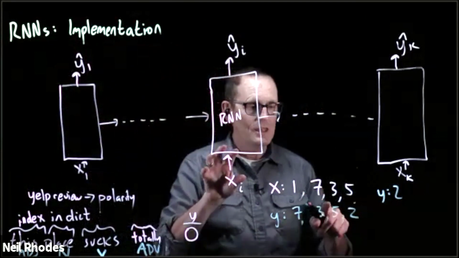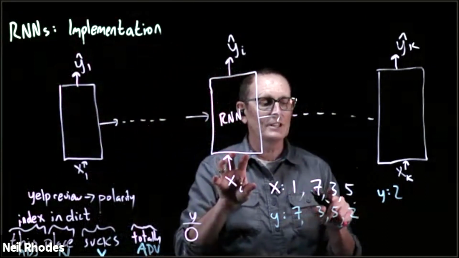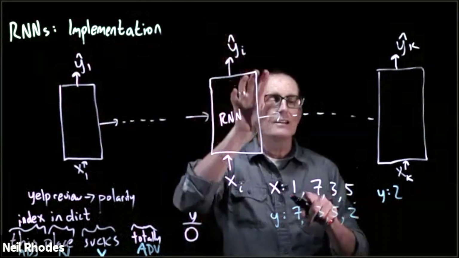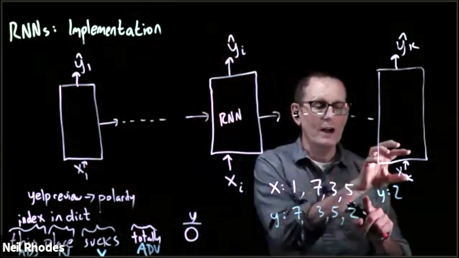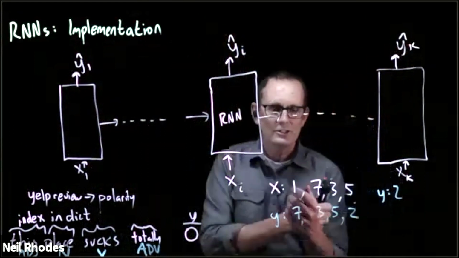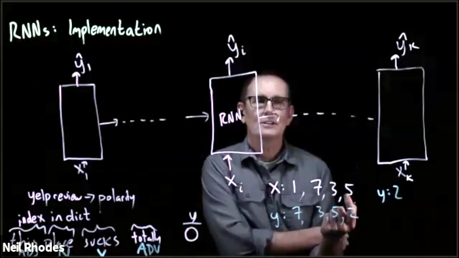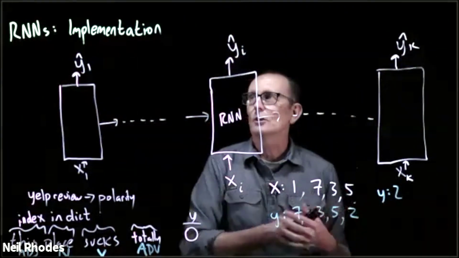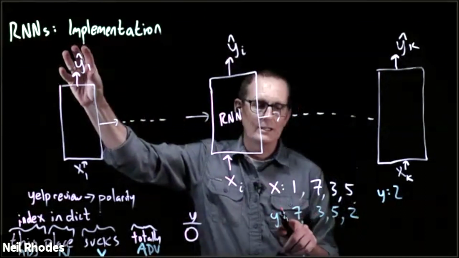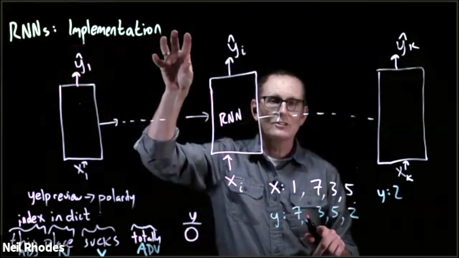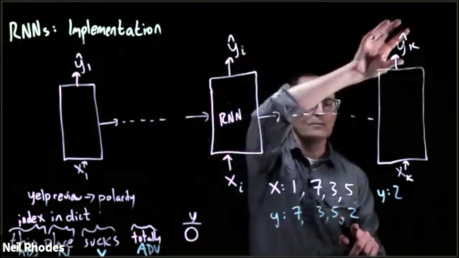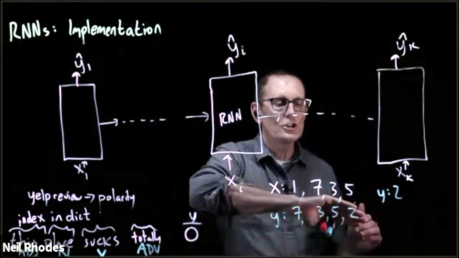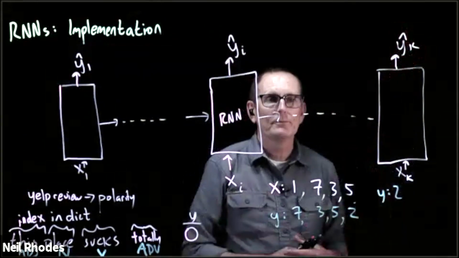If we've seen the sequence 1, 7, 3, we should get out a 5. And if we've seen the sequence 1, 7, 3, 5, we should get out a 2. So see how we're actually doing 4 predictions here instead of just 1? And so we can compare Y hat sub 1 against 7, Y hat sub 2 against 3, Y hat sub 3 against 5, and Y hat sub 4 against 2, rather than just looking at the final output.